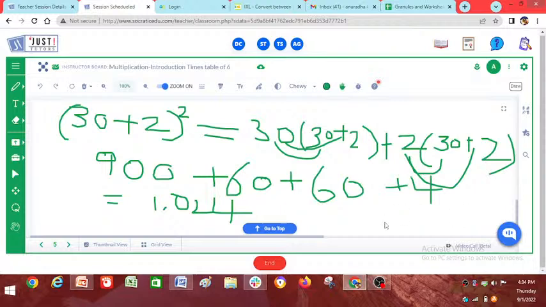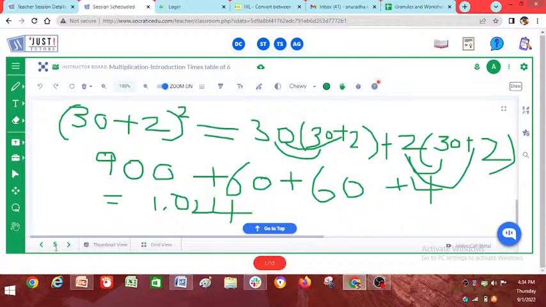So I hope you are clear here, like how to find the squares of the following numbers. So now, if the number is a bigger one, what will you do in this case? Okay, we have one more question, that is 93. Let's do that one.